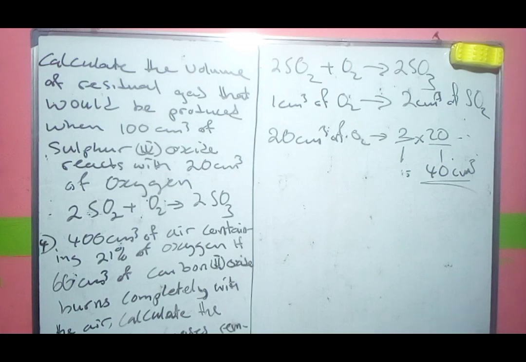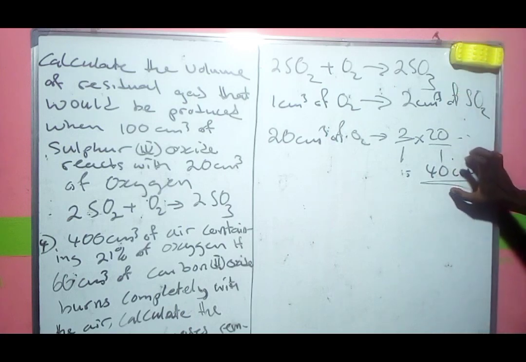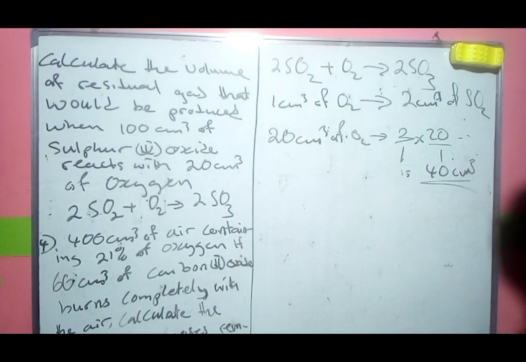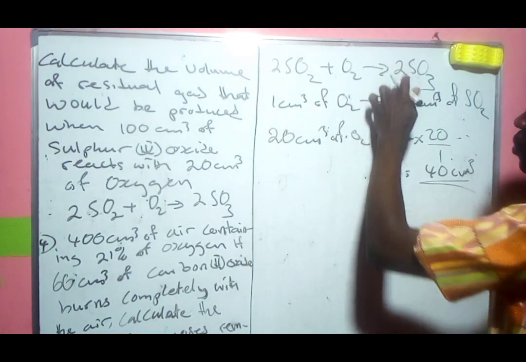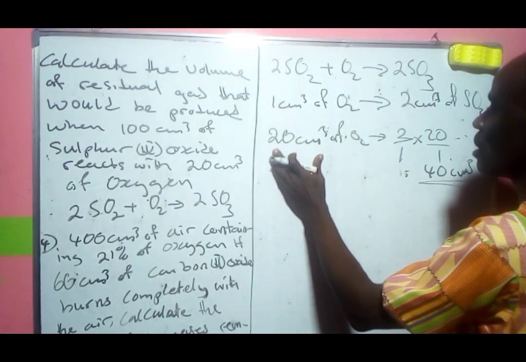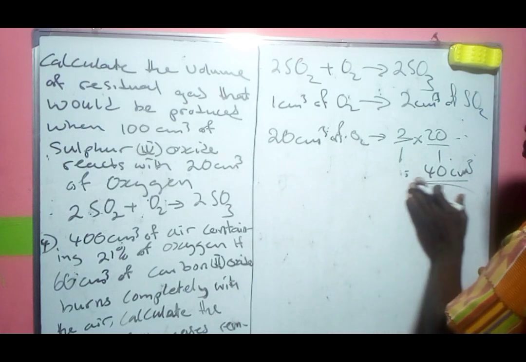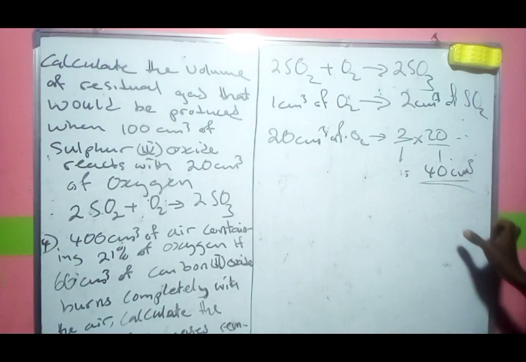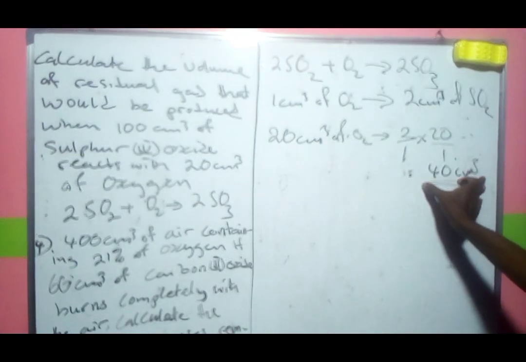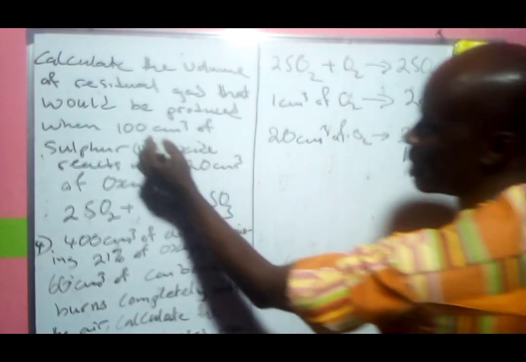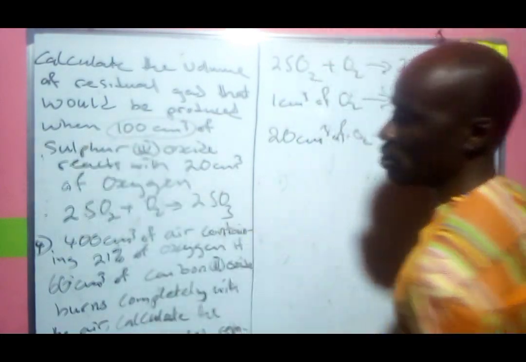So since we have 40 cm cube, what next? It means that what we are going to produce here is 40 cm cube. Because it's 2:2, if 20 cm cube of oxygen reacts with 40 cm cube of sulfur 4, then the volume given to us is 100.